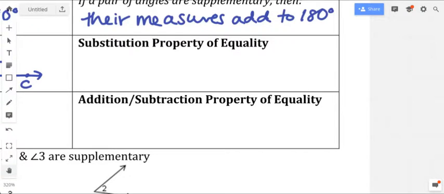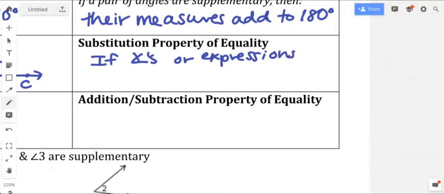So we can write for the substitution property of equality: if angles or expressions are equal, we can replace them for one another.